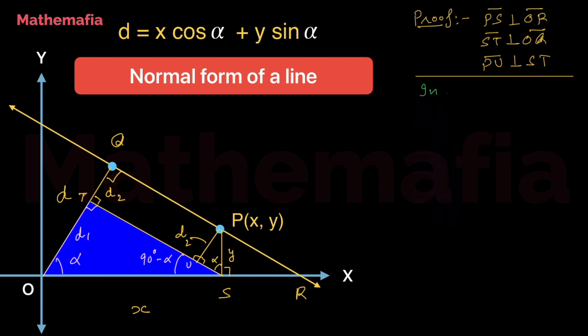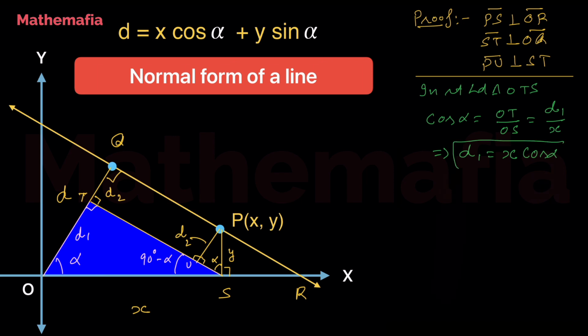In right angled triangle OTS, we can see that cos alpha is base over hypotenuse, and base is going to be OT and hypotenuse will be OS. So OT is D1 and OS is x. So this implies D1 is going to be x cos alpha. So the first part is done.